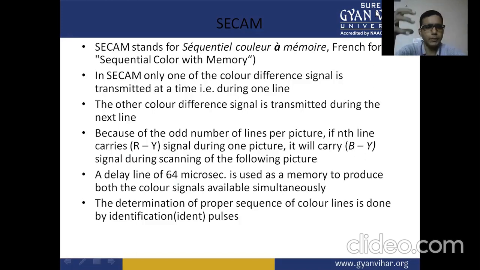Because of the odd number of lines per picture, if a line carries the R minus Y signal during one picture, it will carry the B minus Y signal during the scanning of the following picture. A delay line of 64 microseconds is used as a memory to make both color signals available simultaneously. The determination of the proper sequence of color lines is done by identification pulses.